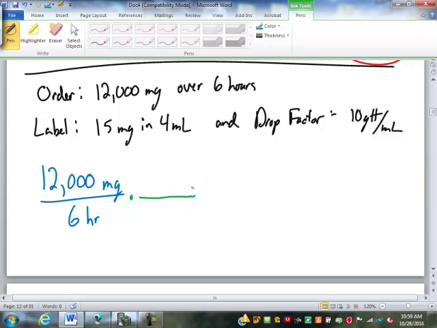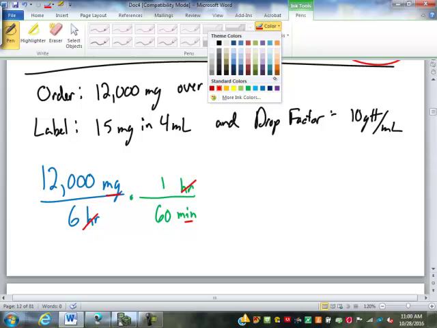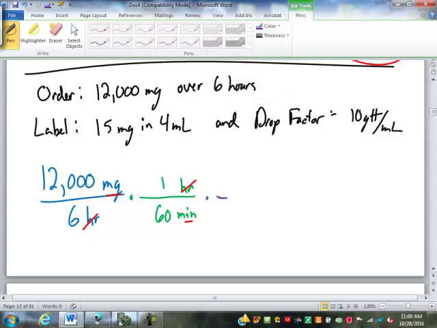So now I'm still going to convert. Now I have to convert both my hours to minutes and my milligrams to milliliters somehow. I'll do my hours first. 1 hour, 60 minutes. So my hours are gone. Right now I am in milligrams per minute. Now I have to get rid of milligrams.